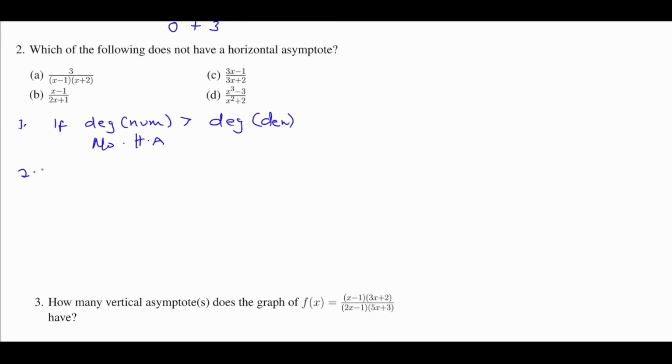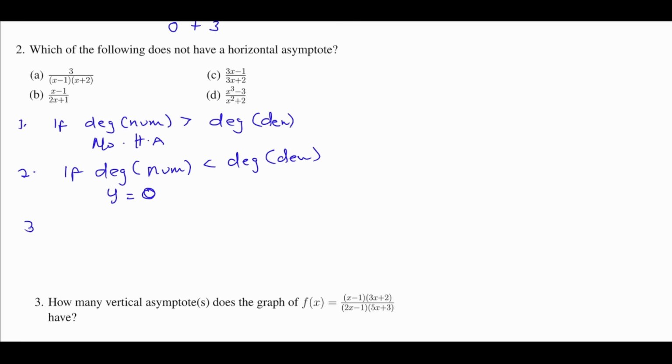The second one is that if the degree of the numerator is less than the degree of the denominator, then the horizontal asymptote is y equals 0.